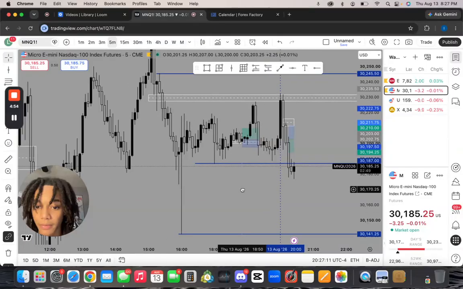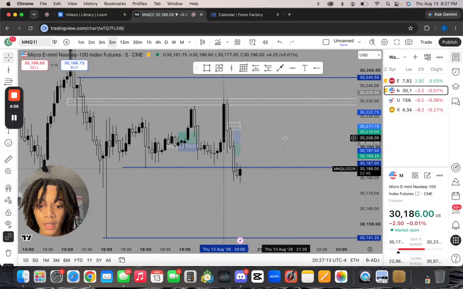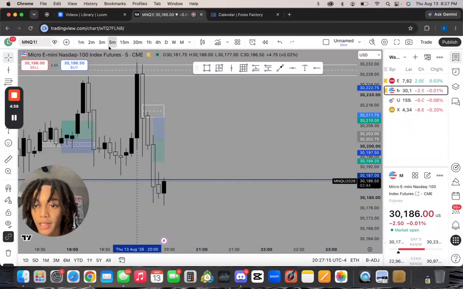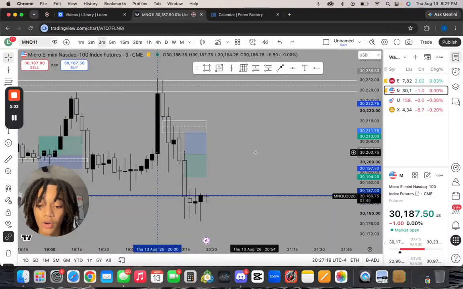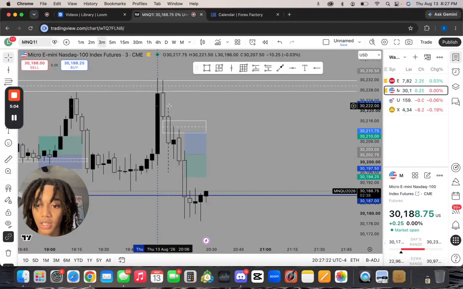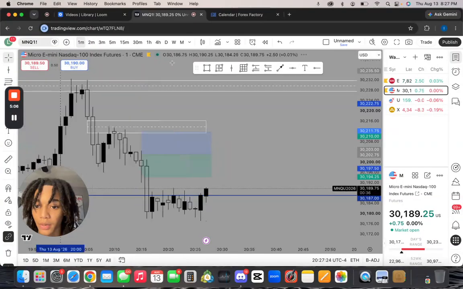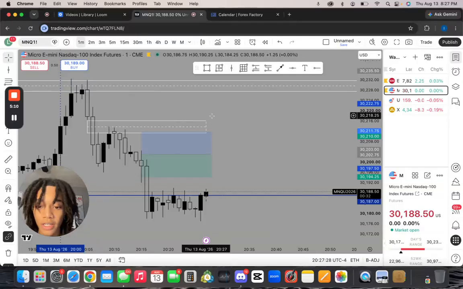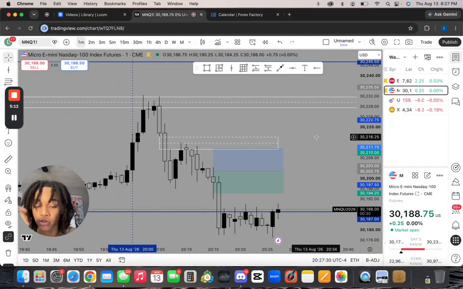As I saw this being respected on the 5-minute time frame, I went down to the lower time frames, 3 minutes, and saw that there was a 1-minute fair value gap here. So we have a 15-minute fair value gap. Cool.